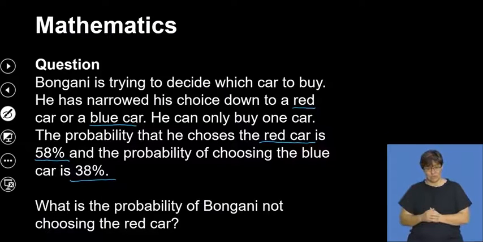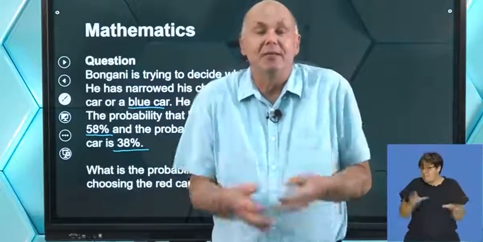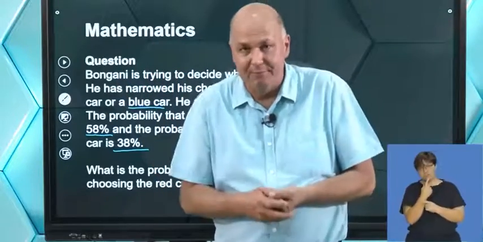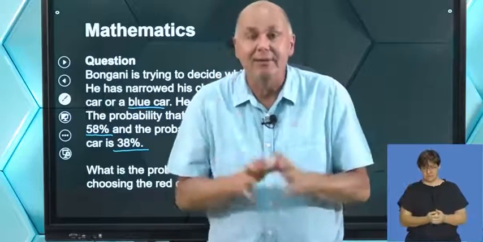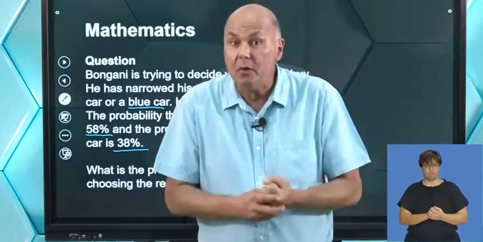So how these statisticians came up with these probabilities, I don't know, but maybe they measured some things and they came up with these numbers. Let's just leave that, those are the numbers that we've got to work with. And we've got to answer some questions about Bongani and his purchases.